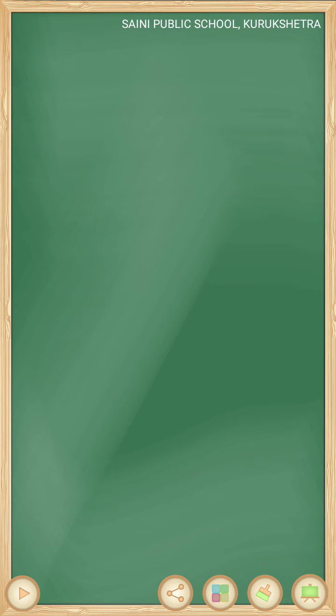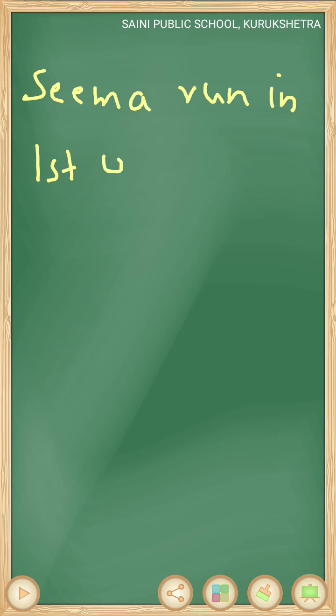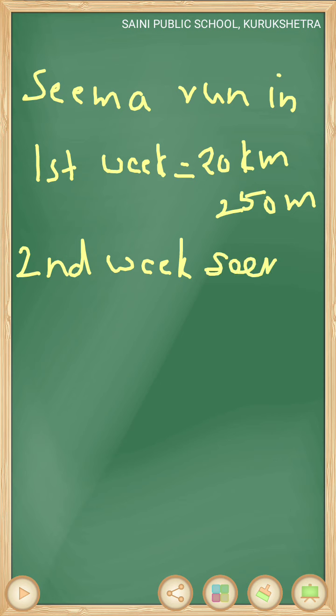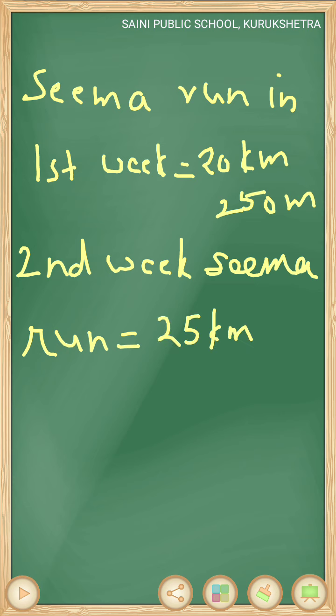Now Seema runs in the first week, how much distance? 20 kilometer and 250 meter. And in the second week Seema runs how much distance? 25 kilometer 200 meter.